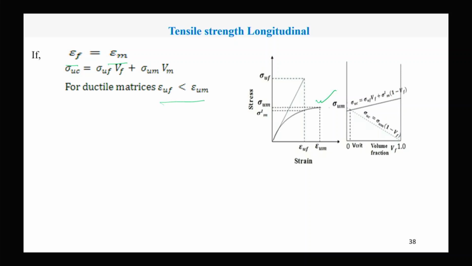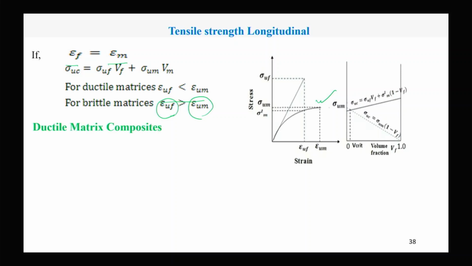So strain of fiber is less than the ultimate strain. For brittle matrix, the strain of fiber will be more than the strain of the matrix, so matrix will be extendable.